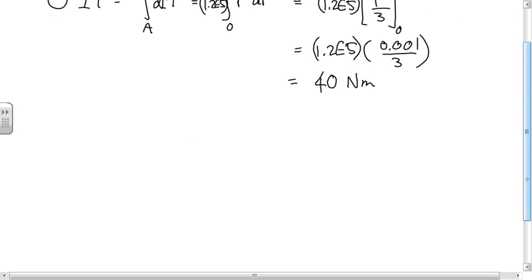So that's it for thrust bearings. Now we're going to do journal bearings.